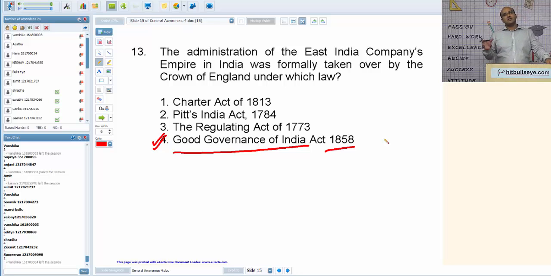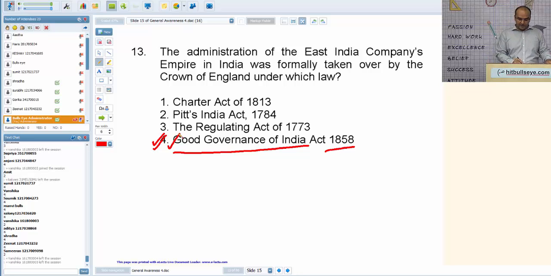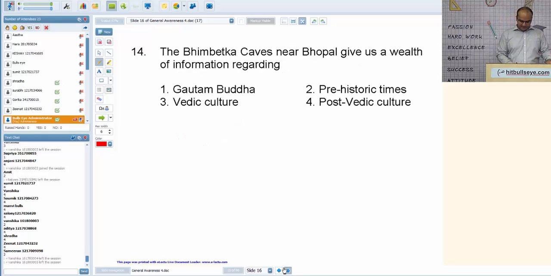Under this, the East India Company lost all of its political and administrative powers, and those were transferred to the British Crown. This act is also known as the Government of India Act 1858.